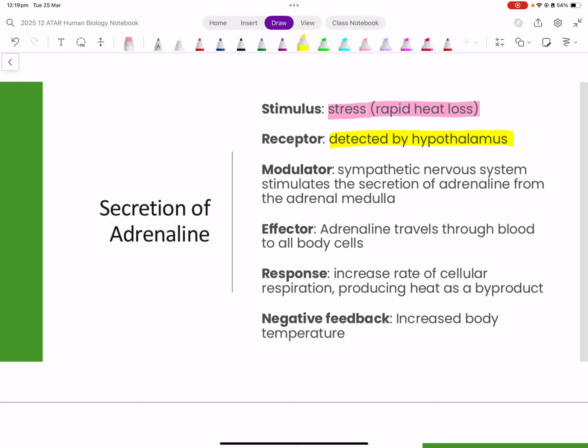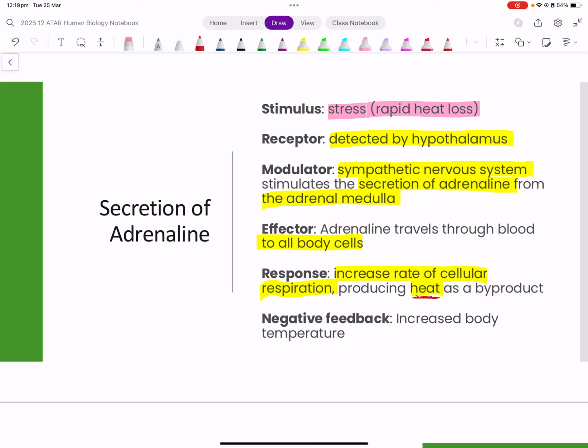Now the hypothalamus and the thermoreceptors in the hypothalamus then stimulate the sympathetic nervous system, and that is going to stimulate the secretion of adrenaline from the adrenal medulla. Adrenaline is going to travel through the blood to all body cells, and similar to the action of thyroxine, it's going to increase the rate of cellular respiration, producing more heat.